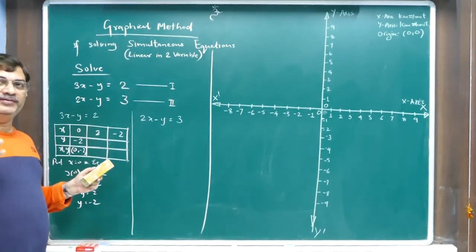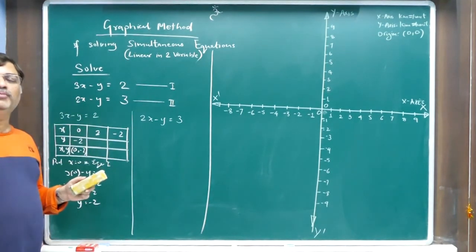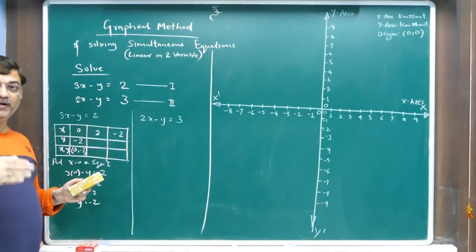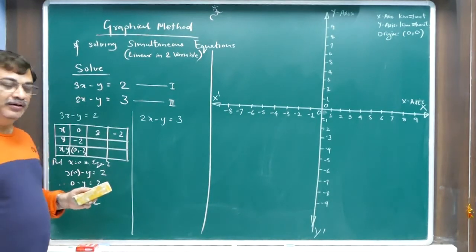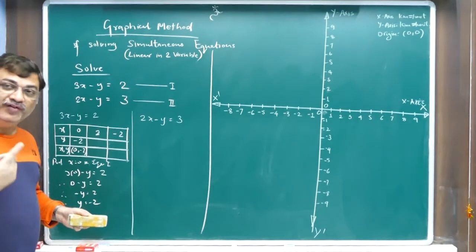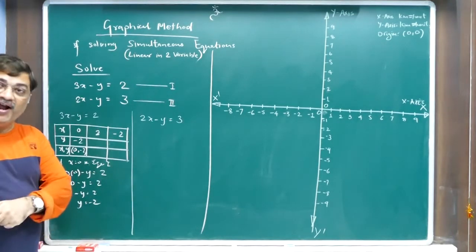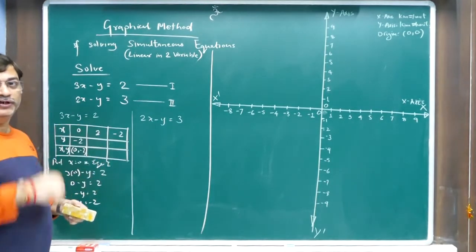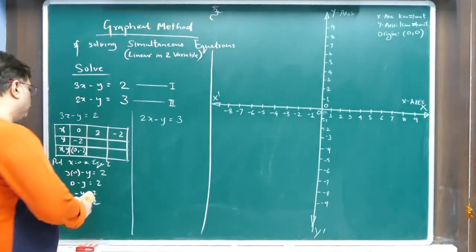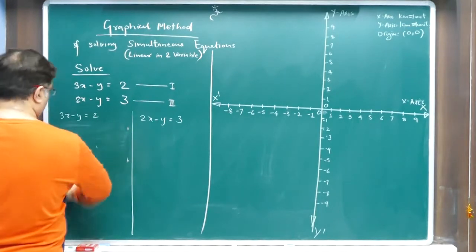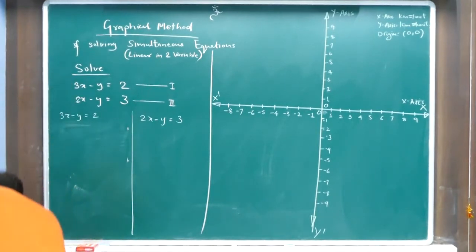Let us find the coordinates of y accordingly. And then each and every time go on changing the value of x and go on finding the value of y, and then comes the coordinate table, and then we will draw the coordinate table. Is that clear? So we will rub this out, this was just for explanation, just to tell you what we will get and how we will get.